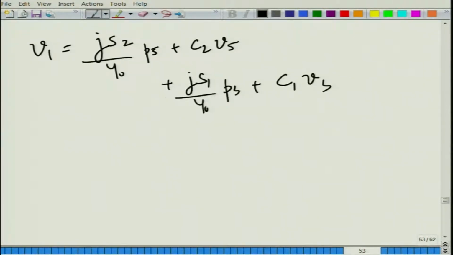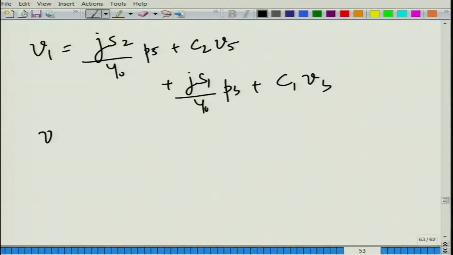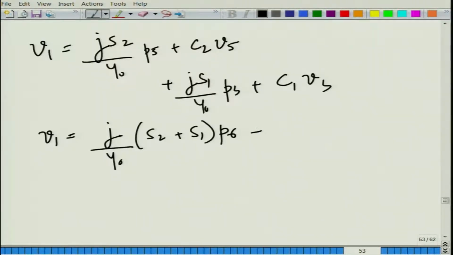Now, we again invoke the relation here, equation 3, where P4, P5 and P6 are all the same. So what we can do is take j Y naught common, and S2 plus S1 will be common, and this will be P6, and C2 V5 plus C1 V4, where C1 and C2, again I am reminding you, are not constants, they are cos k naught L2 and cos k naught L1 respectively.